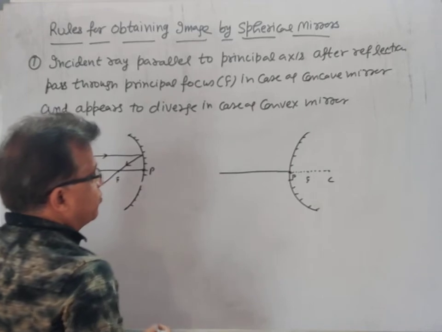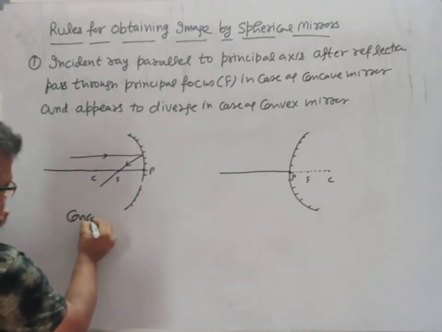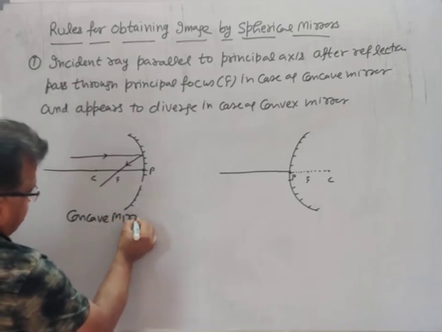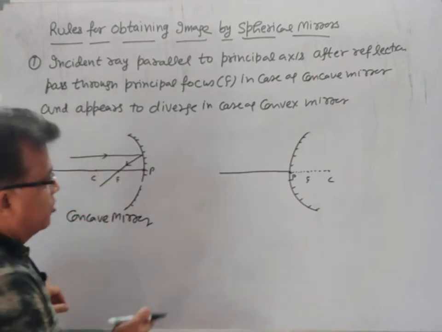So in concave mirror, after reflection it will pass through the principal focus.